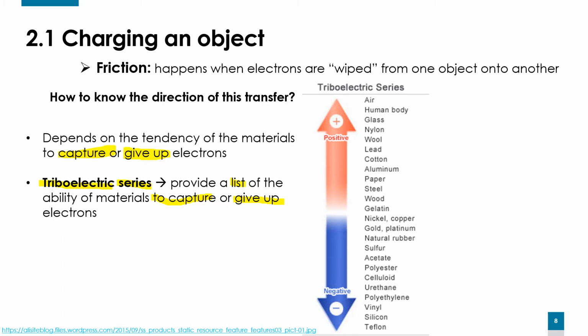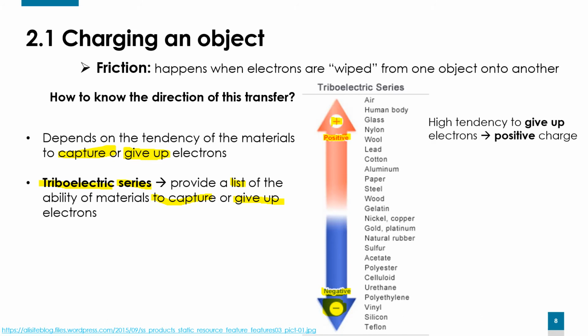You don't need to memorize this, you just need to understand. For example, here, the more positive materials will lose electrons more easily. And in the opposite, in the negative part, these objects will attract more electrons. The more positive it is, the more easily it gives away electrons.